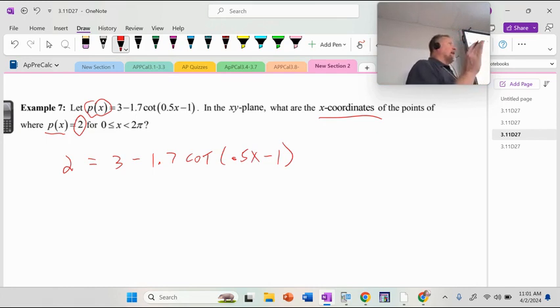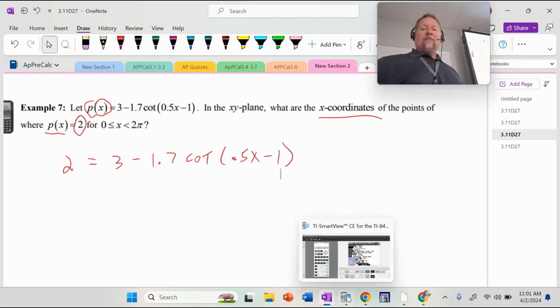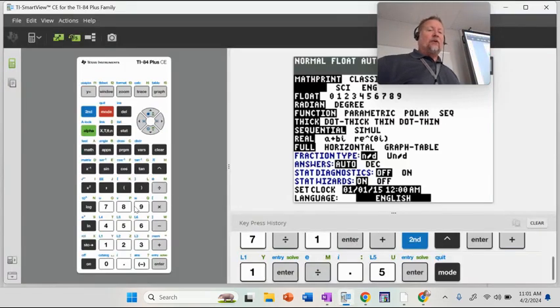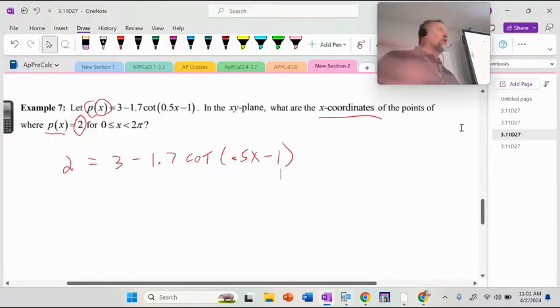But here's the problem. This would be great to use a graphing calculator, except what button don't you see? You don't see cosecant. What else? Secant. And what else? Cotan. You don't have a cotan button. And I don't know why, to this day, the TI family won't give us that button. It doesn't exist anywhere, even in a catalog, even in a menu.